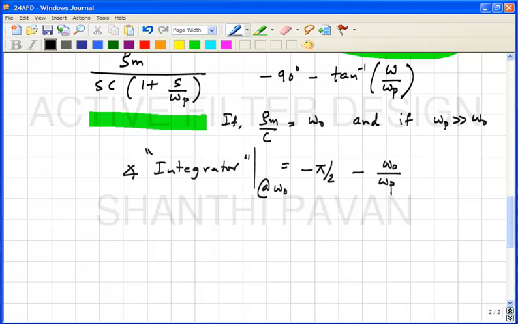Omega naught is roughly Gm by C, and is there a more physical interpretation of omega naught?